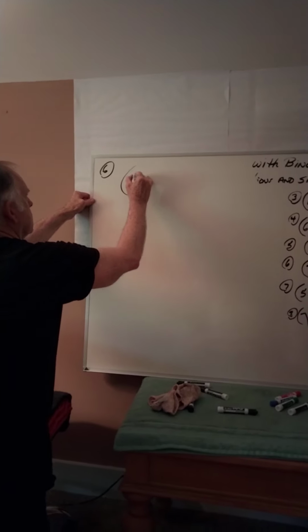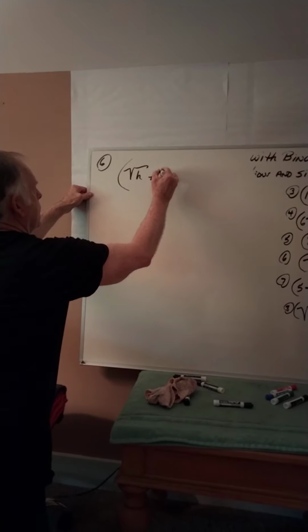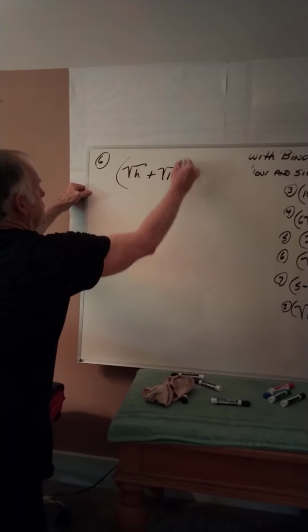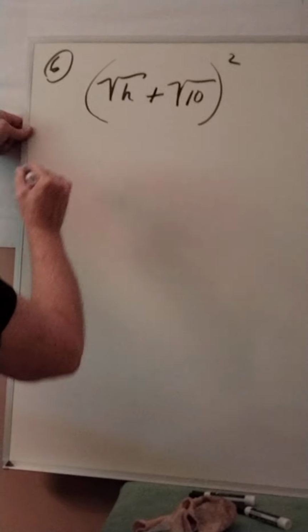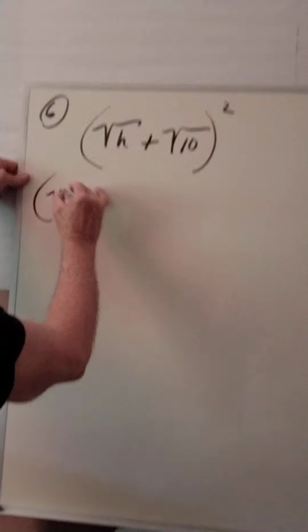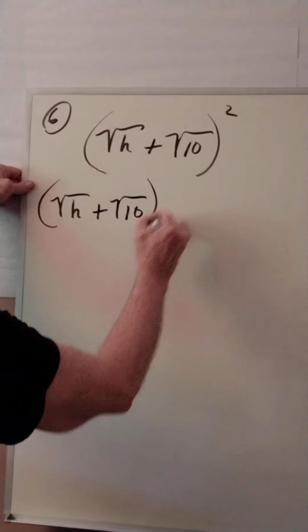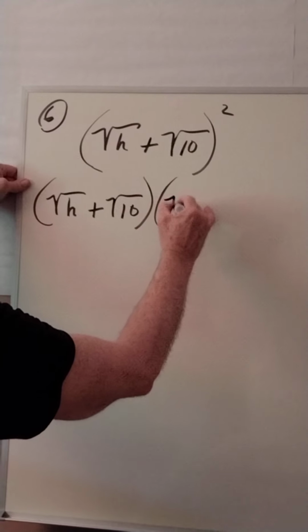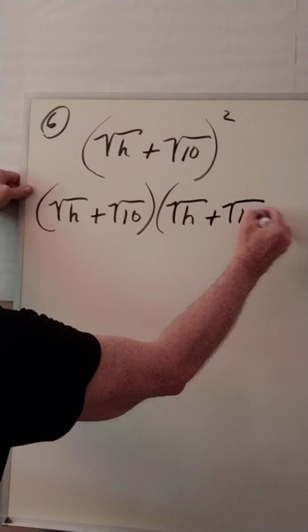The quantity, the radical of h plus the radical of 10, that's squared. Write it twice. The radical of h plus root 10 times the quantity of the radical of h plus root 10.